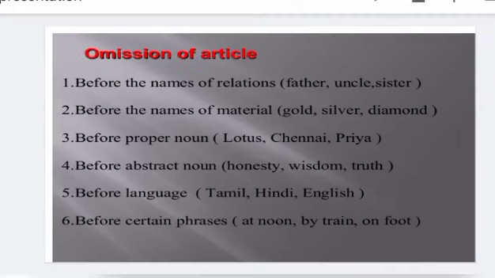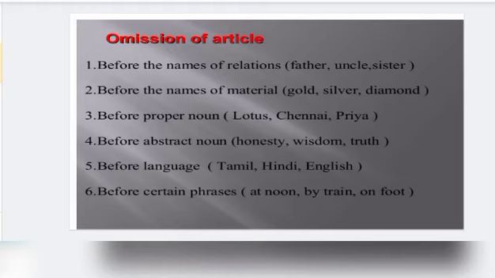Before proper nouns, which are Lotus, Chennai, Priya. Before abstract nouns: honesty, wisdom and truth.